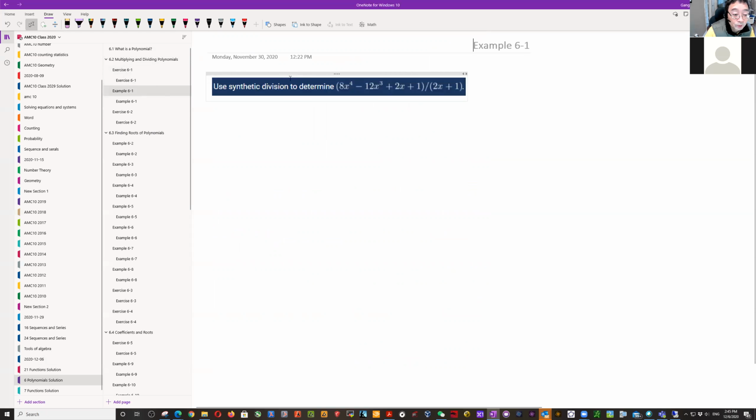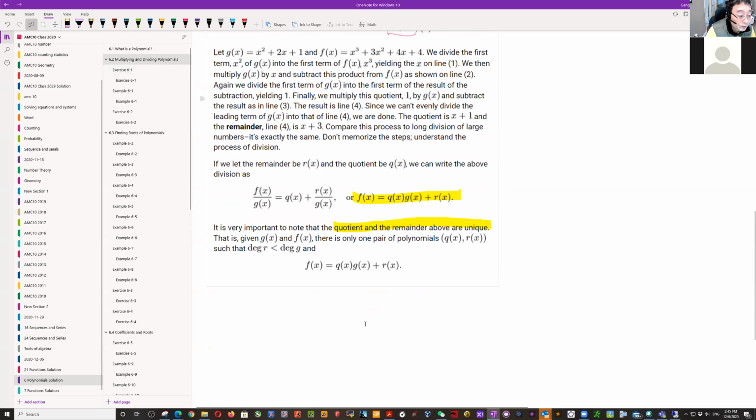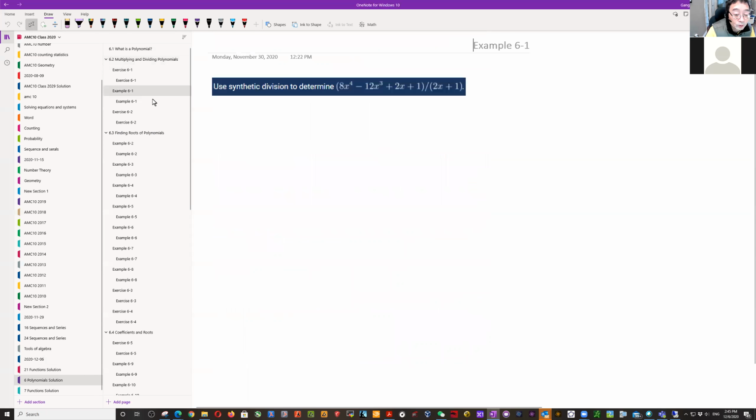The problems are not very easy, and we're going to do a lot of those. So we're also going to introduce synthetic division.